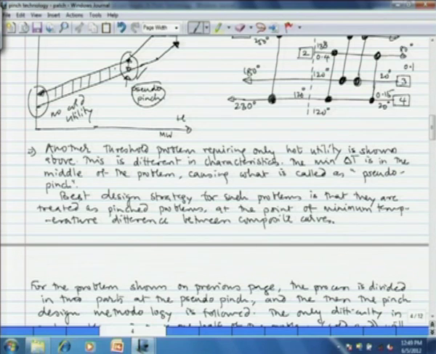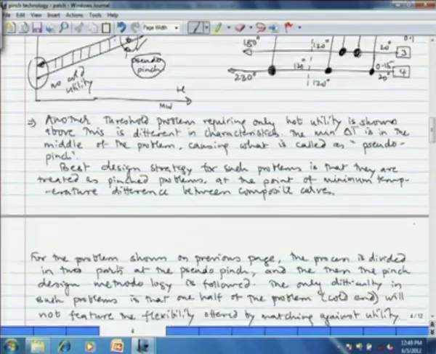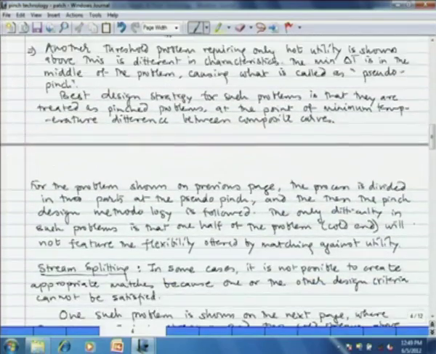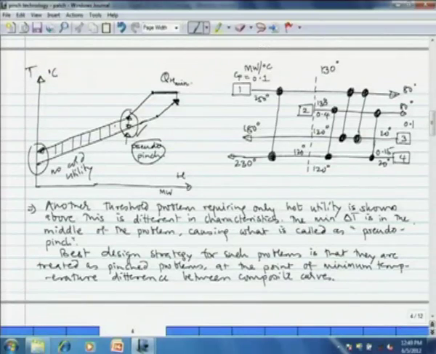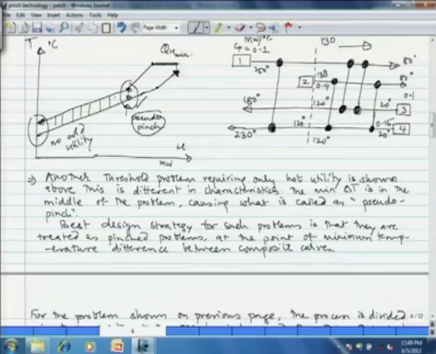The best design strategy for such problems is that they are treated as pinched problems at the point of minimum temperature difference between the composite curves. The design starts there, and then we move away slowly from the pinch point or pseudo pinch point.